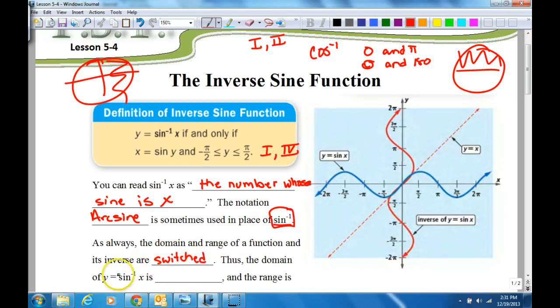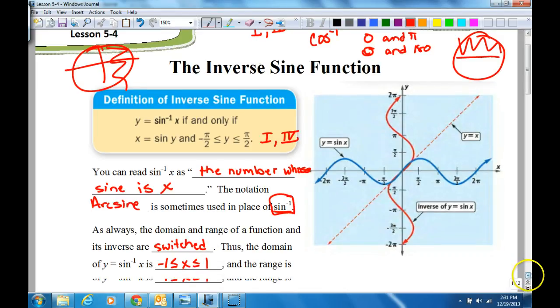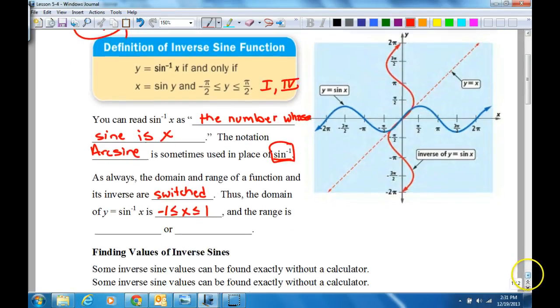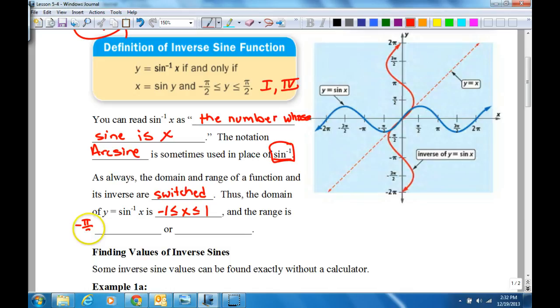Thus, the domain of sine to the negative 1 is negative 1 less than or equal to x less than or equal to 1, and the range is negative pi over 2 less than or equal to y less than or equal to pi over 2. You could put these in degrees also.